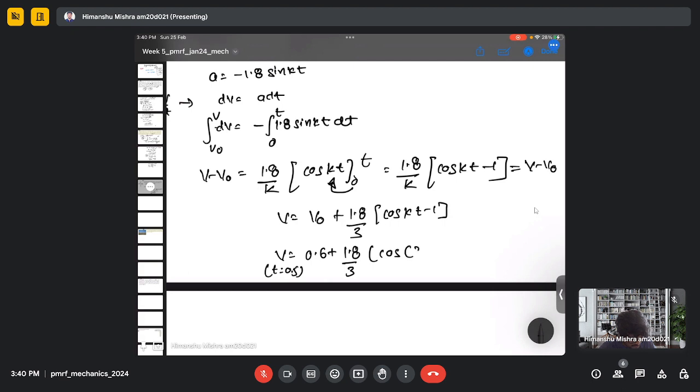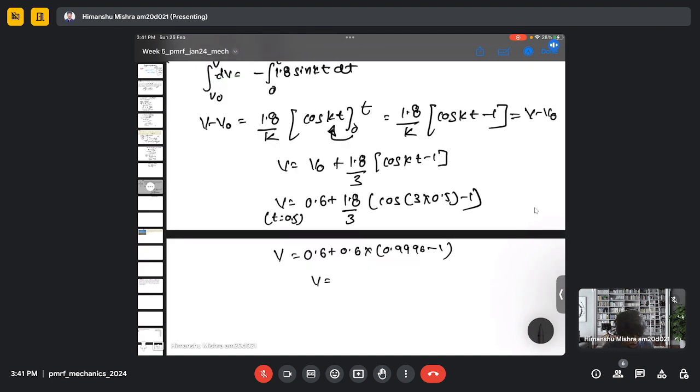So it will be cos 3 multiplies 0.5 minus 1.